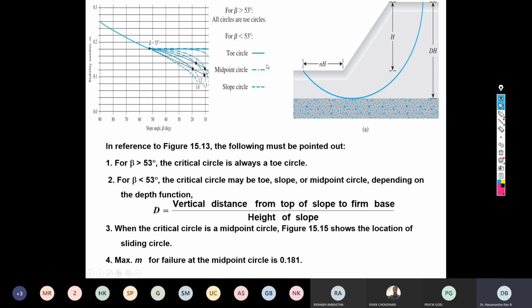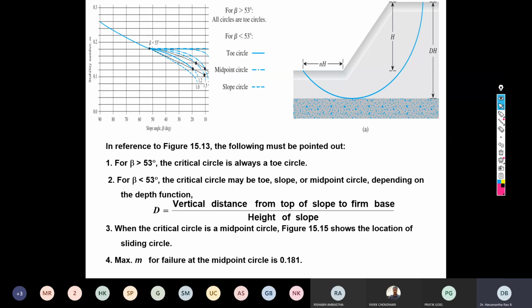Now when you analyze this kind of slope, you need to understand, as I told you just now, where the failure plane is starting and where it is emerging.